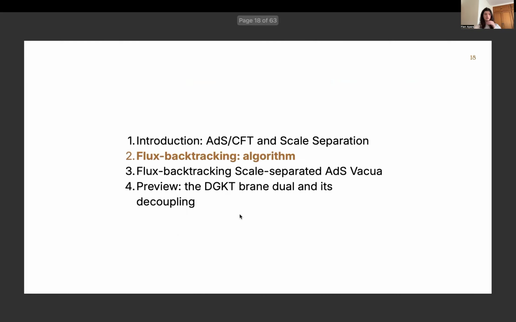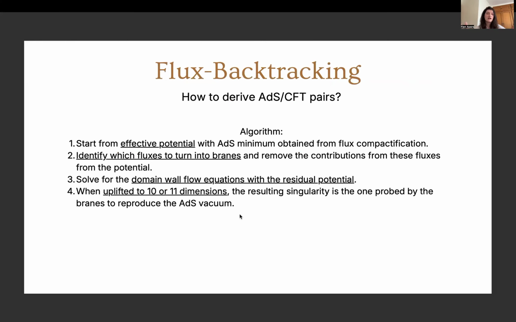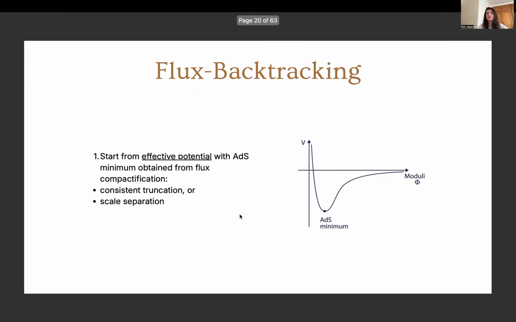Okay, so I'll now show you the algorithm. It's quite simple. It just consists of 4 steps. The first step is, as I said, we start from this effective potential, which has internal moduli and an AdS minimum. Of course, to actually have a real lower-dimensional effective potential, it's important to have scale separation.